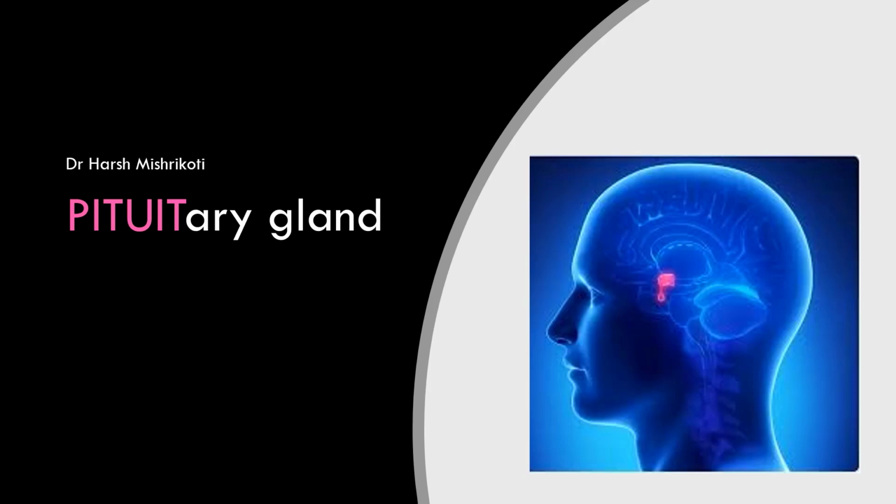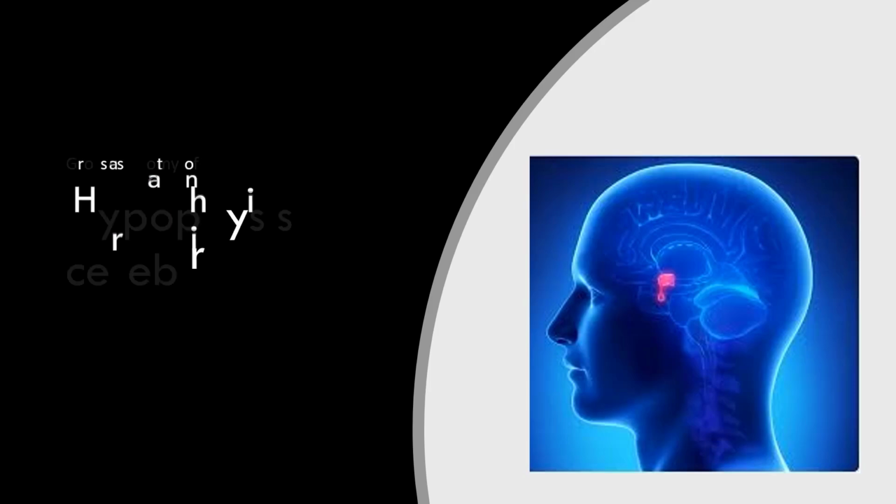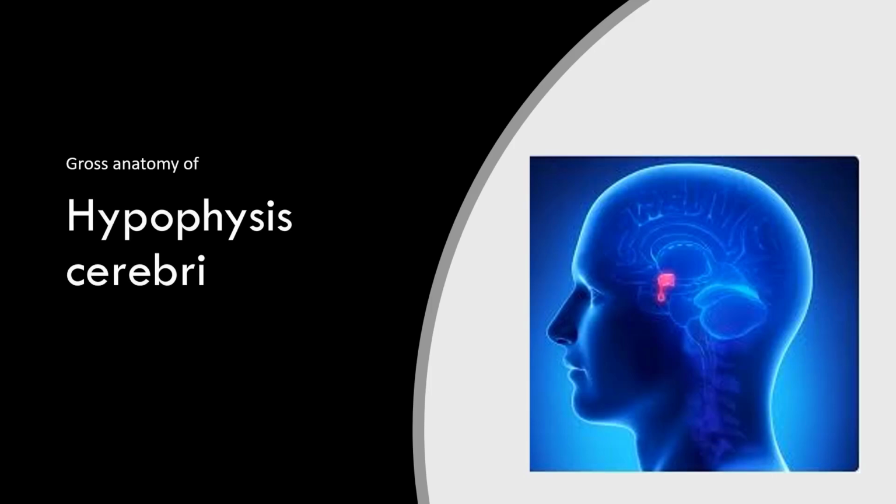Indeed, pituitary is a misnomer, though it's widely used to name it. The correct terminology of this gland would be hypophysis cerebri. That means the gland which is below the cerebral hemispheres.